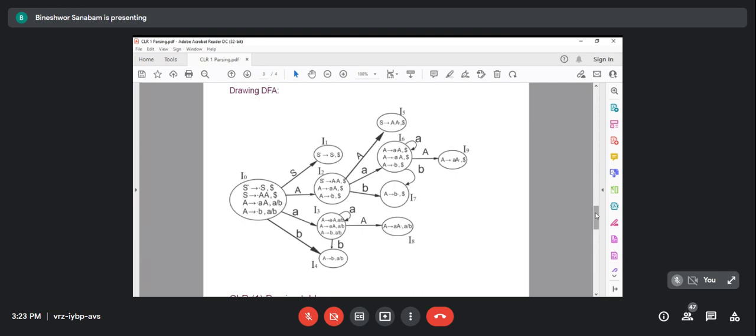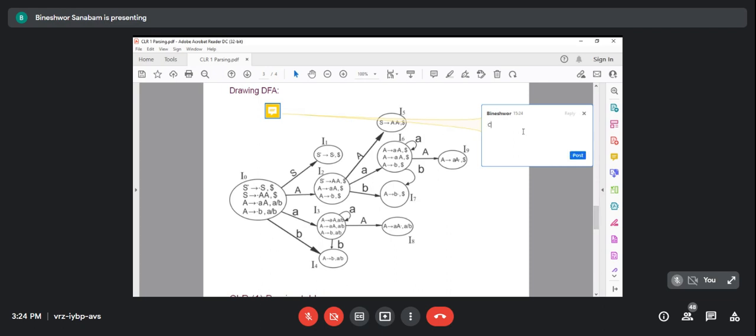The reason CLR1 has more states than SLR1 or LR0 parsing is that we have a few states which have the same LR0 items but different look aheads. So CLR1 is going to have more or equal number of states than LR0 or SLR1 parsing. Okay, so this is it.